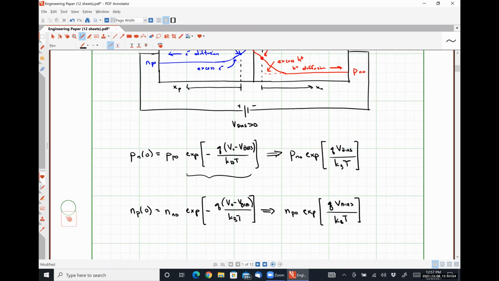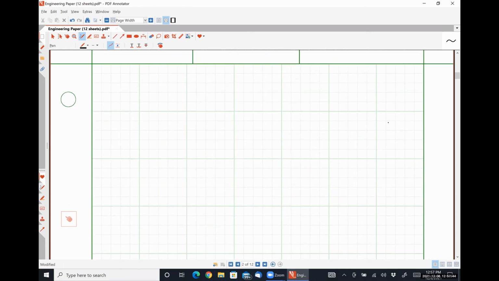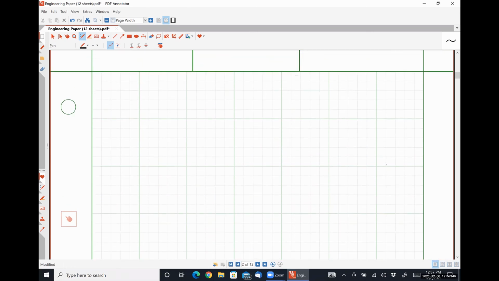So if we want to figure out what the current is, we need to be looking at our diffusion current densities, okay? And this is going to cause us to be looking at the diffusion length of our carriers, okay? So diffusion length, let me write this down here.